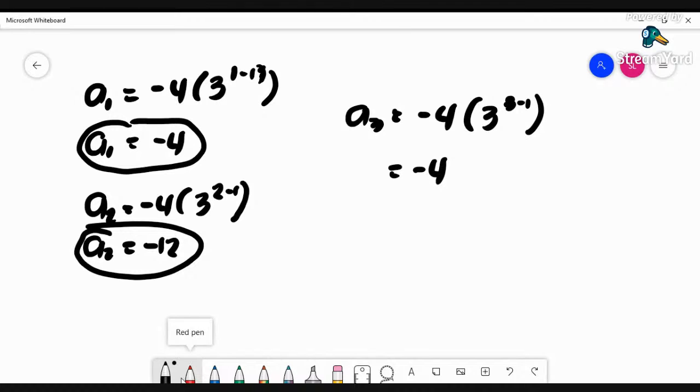So that's negative 4 times 9, which is negative 36. Okay, so our common ratio here is 3 again. Negative 4 times 3, that's negative 12. And negative 12 times 3, that's negative 36.